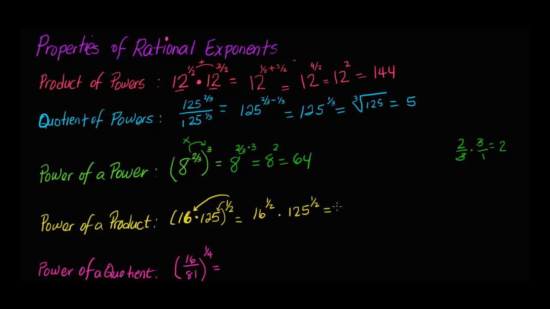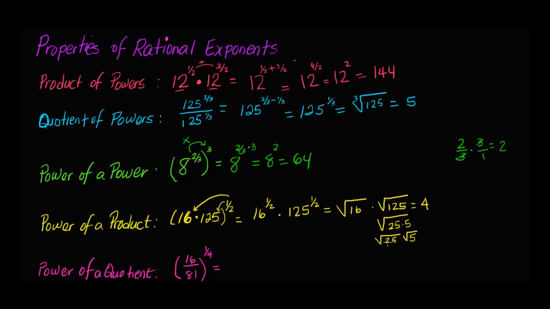16 to the 1/2 power is the same thing as the square root of 16 times the square root of 125. The square root of 16 is equal to 4. The square root of 125 I can rewrite as 25 times 5. That means I can separate this into the square root of 25 times the square root of 5.